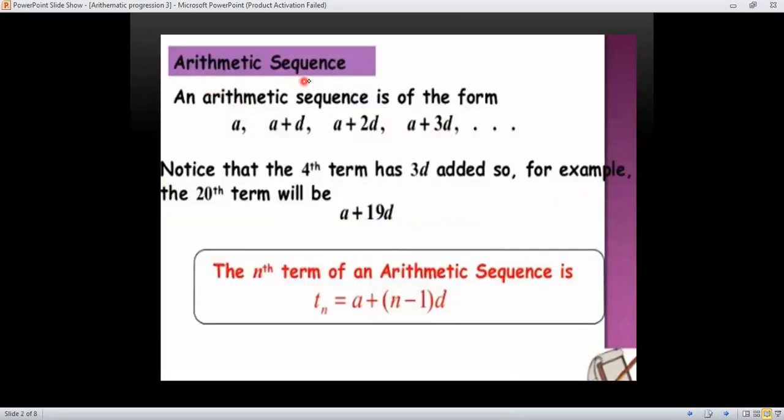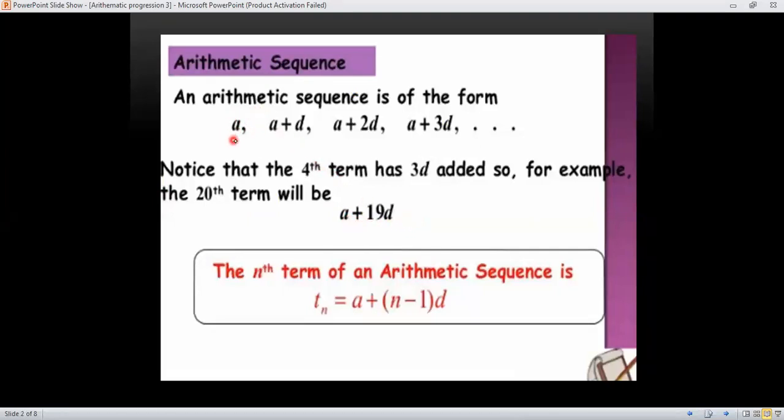Now let's understand what is arithmetic sequence. An arithmetic sequence is of the form A plus D, A plus 2D, A plus 3D. Notice that the fourth term has 3D added. So, for example, the 20th term will be A plus 19D.